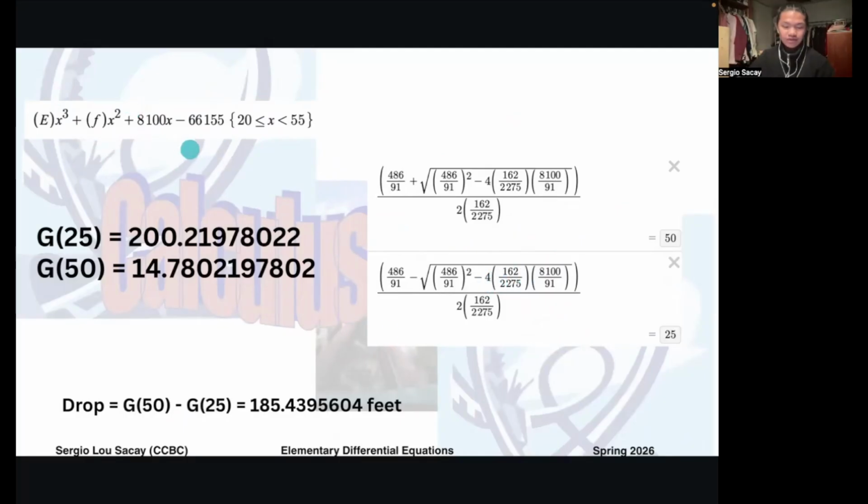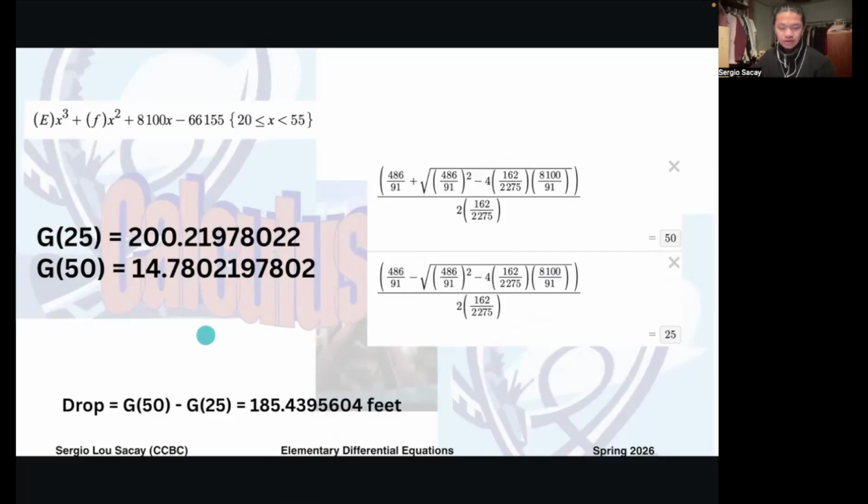If we have this function here, and if we plug in 25, this should be over 91, and this should be over 91. Call this G. Plug in 25, we get 200, and then plug in 50, we get 14 point something decimals.